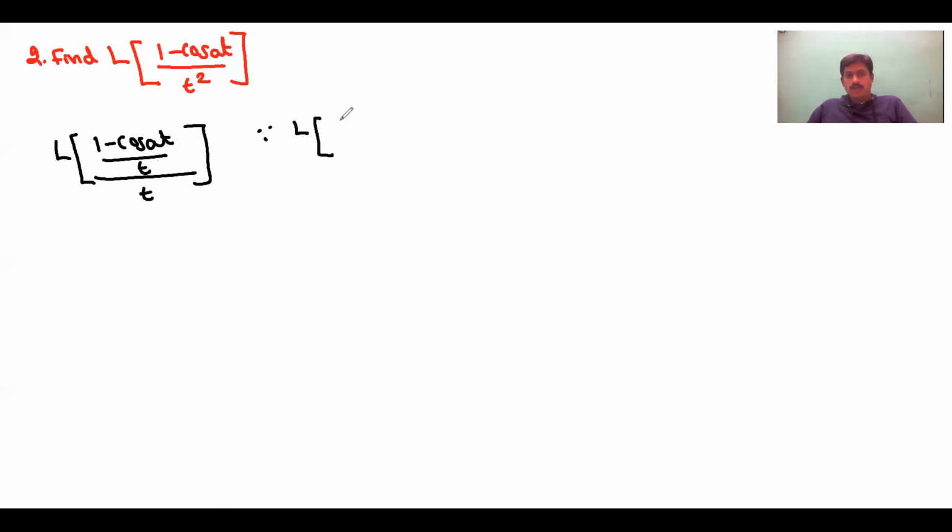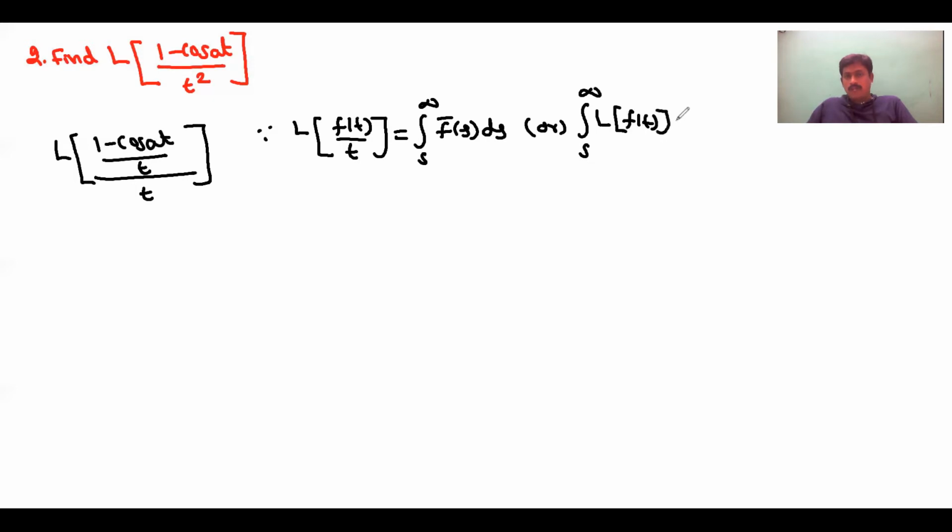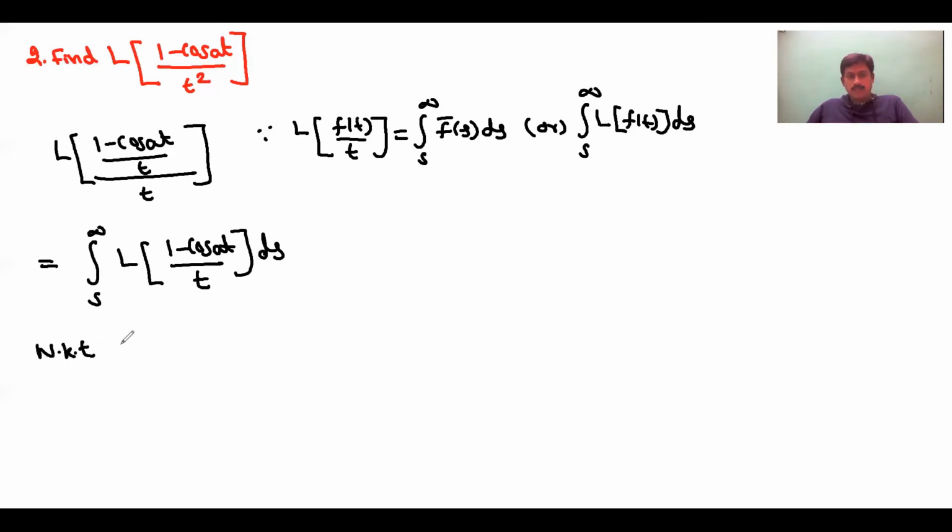Since L of f of t by t is the integral from s to infinity of f bar of s ds, applying this here we get the integral from s to infinity of L of f of t ds. Our f of t is (1 minus cos at) by t. Now that we have derived this, I can directly take it, but in your exams you first derive this and then continue like this.